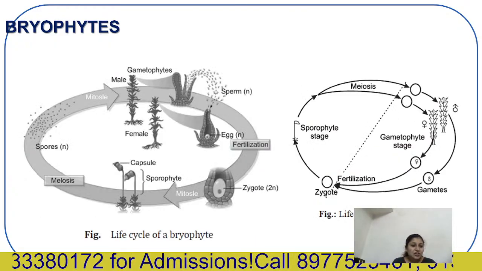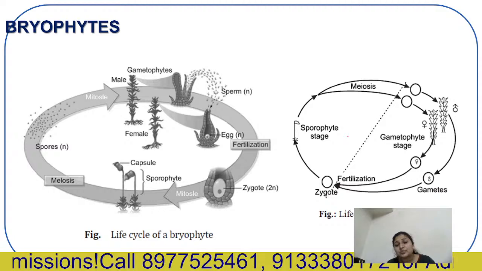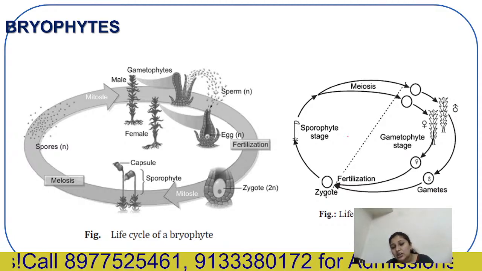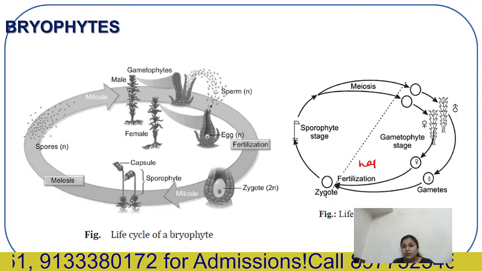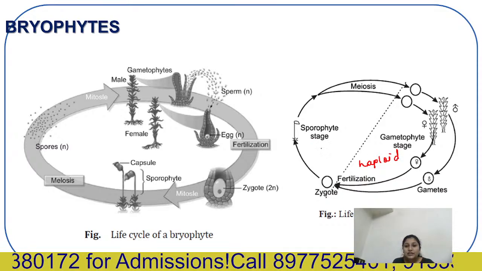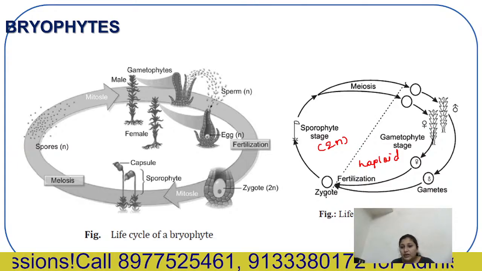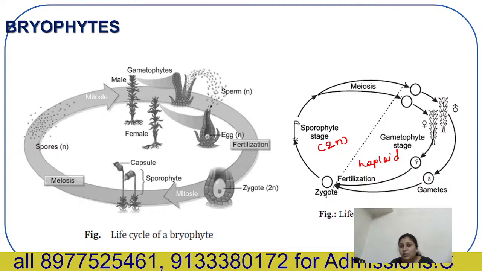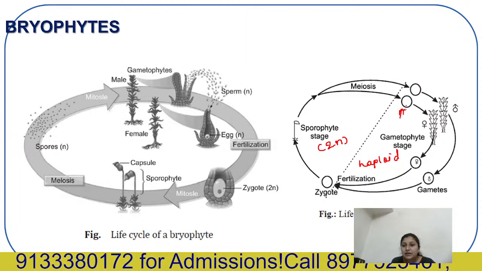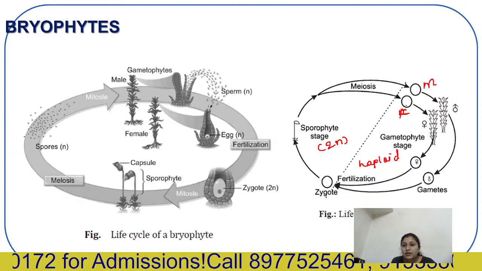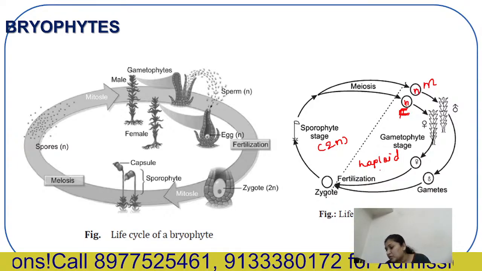This is what the life cycle of a bryophyte is, how it occurs. They have both phases, the sporophytic stage and the gametophytic stage. Gametophytic means haploid stage, and sporophytic means diploid stage. During haploid stage formation, these are gametes, male and female, possessing haploid chromosomal configuration.